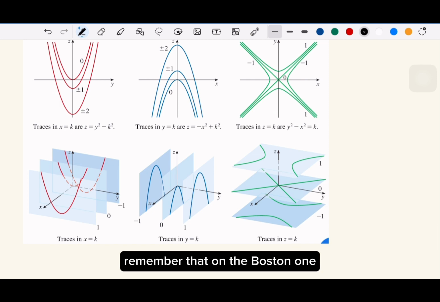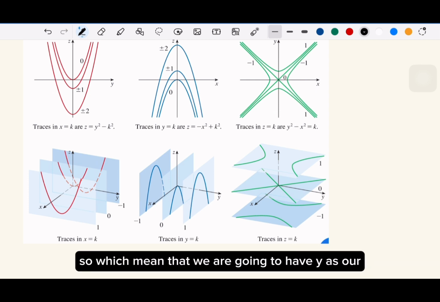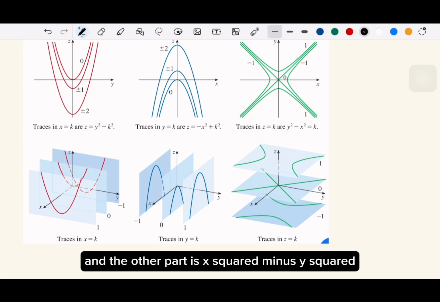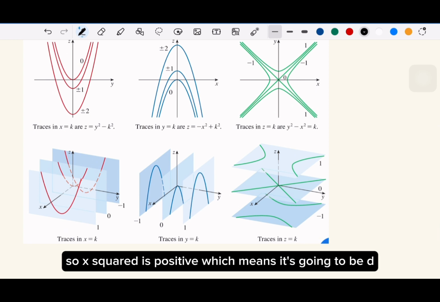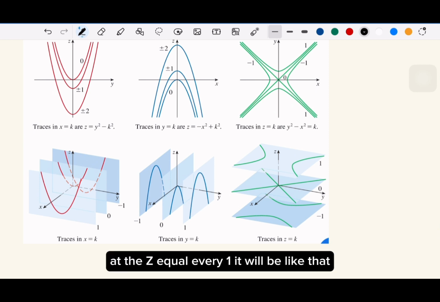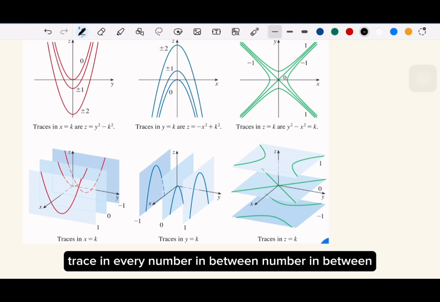Remember that on the positive 1, we have y squared minus x squared, which means that we are going to have y as our axis. And the other part is x squared minus y squared. So x squared is positive, which means it's going to be the major axis, if you remember the hyperbola. On this one, at z equal negative 1, it will be like that. But of course, we are going to trace every number in between.